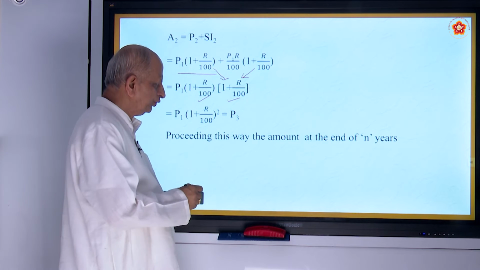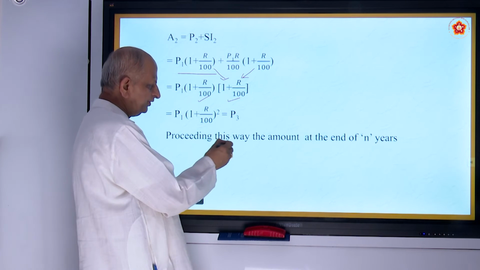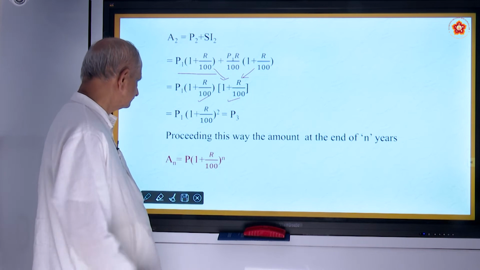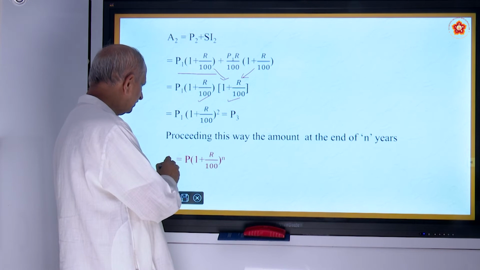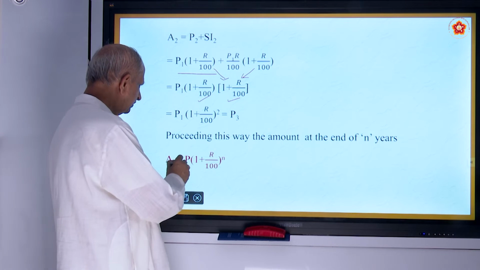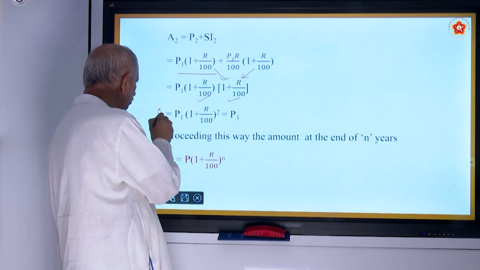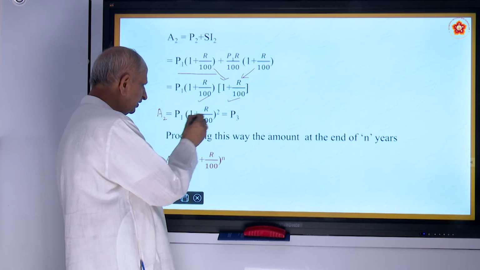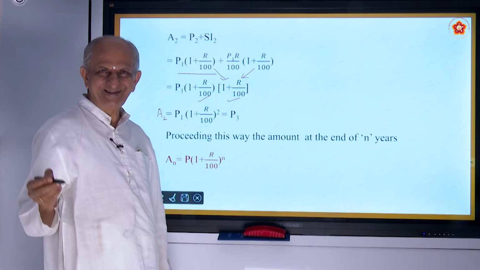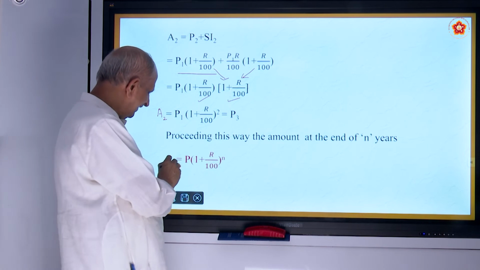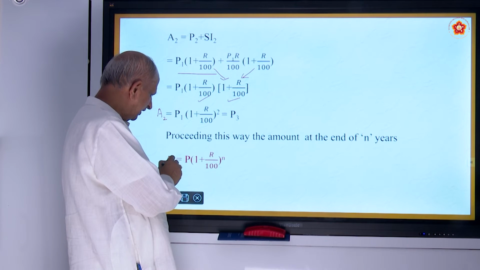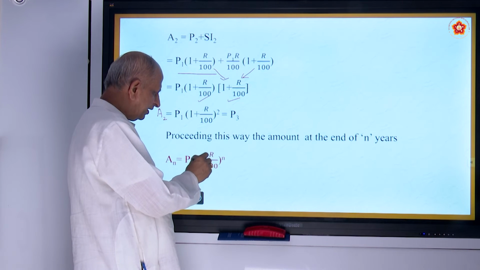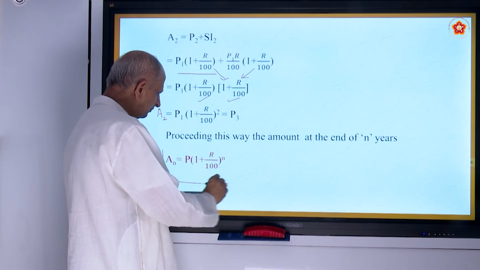So like that it continues, and in this way, proceeding, the amount after n years in general: if 2 years, square comes; if 3 years, cube comes; 4 years, to the power of 4. N years, A is equal to P principal into 1 plus R by 100 to the power of n. Very, very important formula.